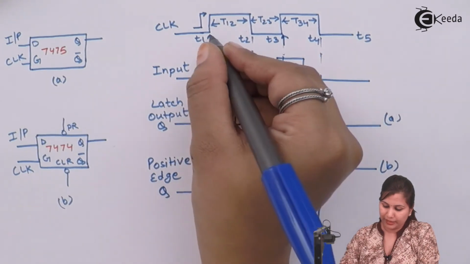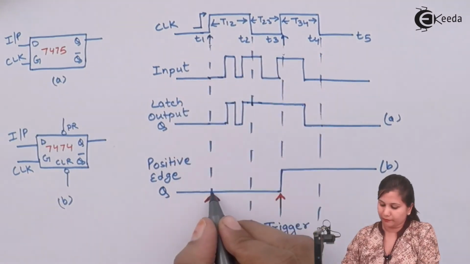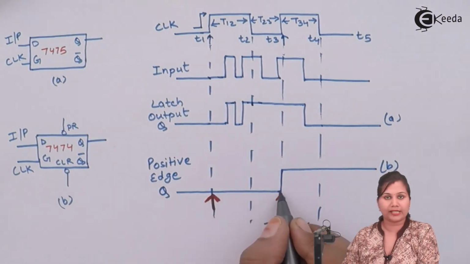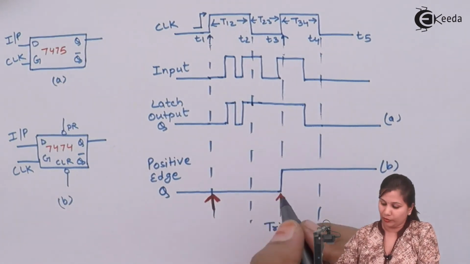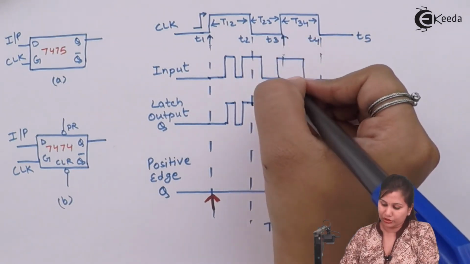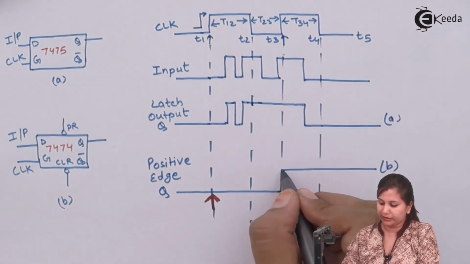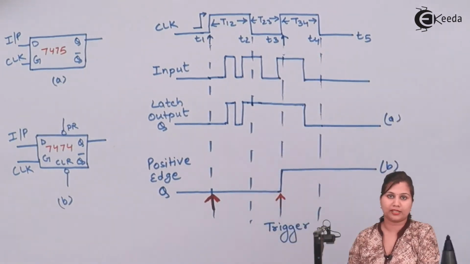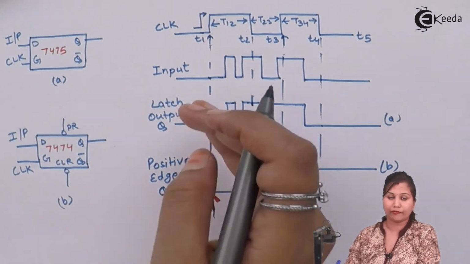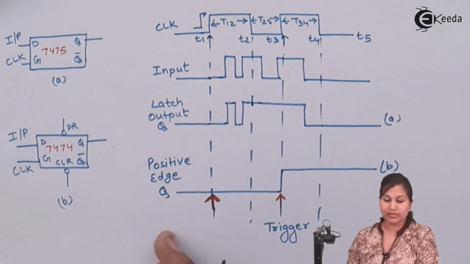At this positive edge, the input is low, so the low input will be held till the next positive edge is given. The next positive edge is at T3. At this position the input is high, so the high input will be latched till the next positive edge. So this is the difference between the level triggered latch and the positive edge triggered latches.